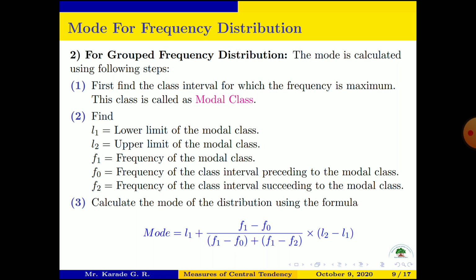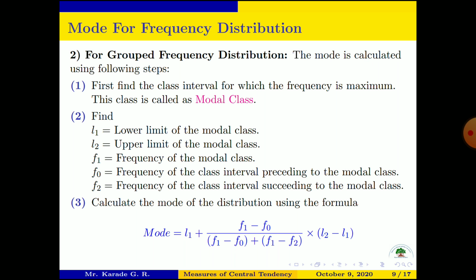In step 2 we will find the lower limit and upper limit of the modal class, and then the frequency of the modal class, which we call F1. Then we will find F0 and F2. F0 is the frequency of the class preceding the modal class, and F2 is the frequency of the class succeeding the modal class. So if we know all these things, then we use the formula to find the mode of the given data.